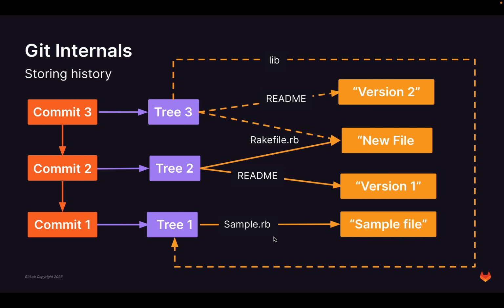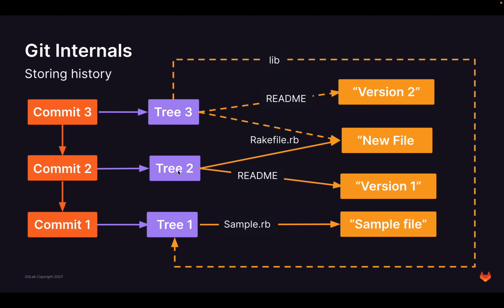Now you see a lot of things happening here. So commit 1 references tree 1, which contains this sample file, and then you have commit 2, which points to its ancestor, which is commit 1. So a commit object contains not only a tree object, but also a pointer back to its predecessor.